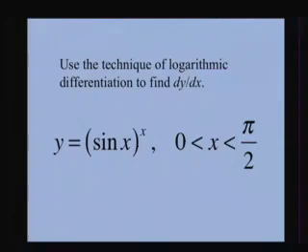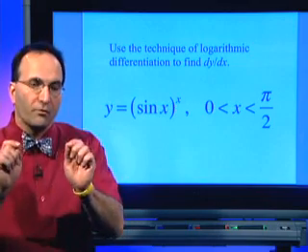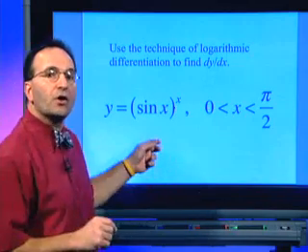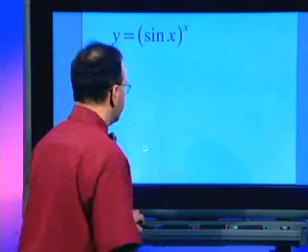Use the technique of logarithmic differentiation to find the derivative dy dx. And the function we have is y is equal to sine x quantity raised to the x. And in this case, x is restricted between 0 and pi. So we want to find the derivative, and what that means is we are going to take the log of both sides of this equation.